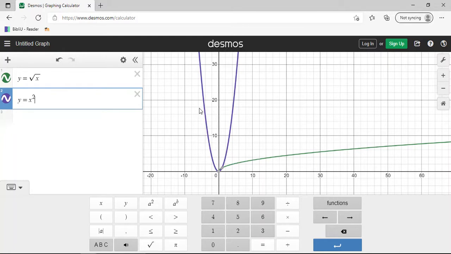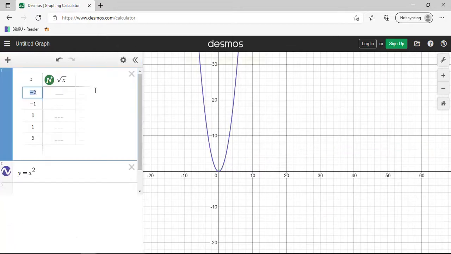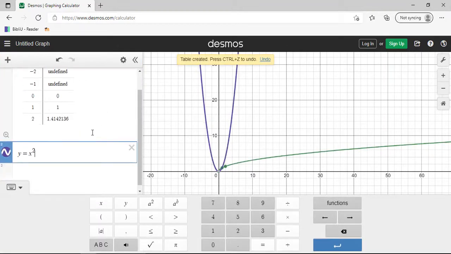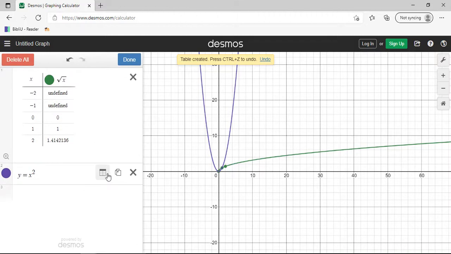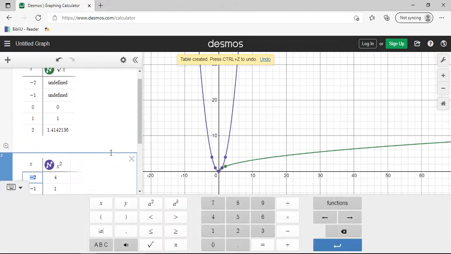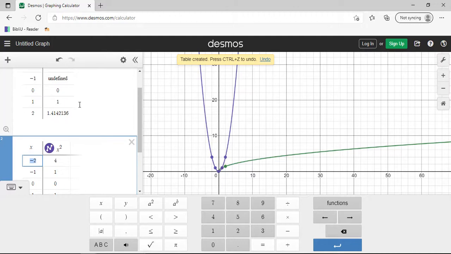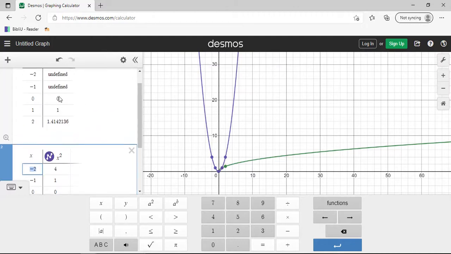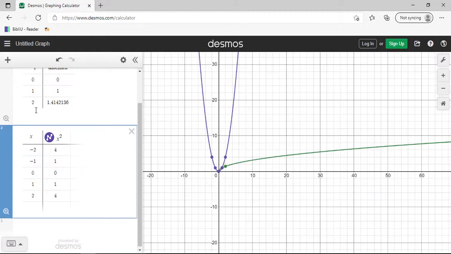Okay, so with that being said, let's take a look at the table. I'm going to do both. Okay, now, if we look here, 0, 0, 1, 1. And then if we look here, you notice with the negatives, they would be undefined. And remember, in the context of this problem, we're not using the negative values. So watch this here. Let me put on another value here.